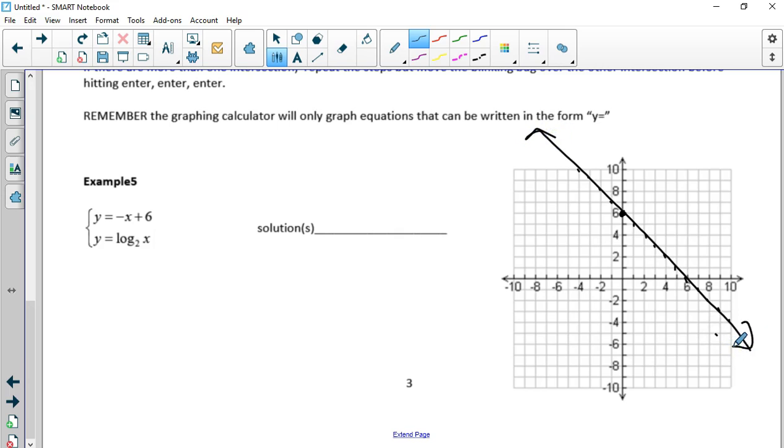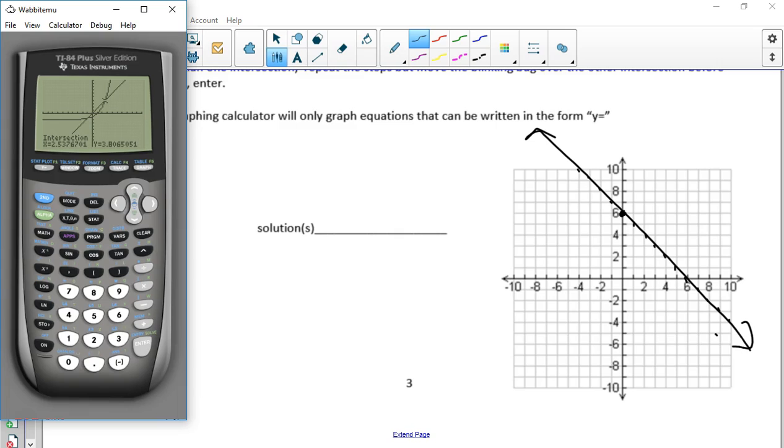Okay? Then log base 2 of x. We're going to use our calculator for that. Clear it out. Going to hit log, go to math, go up to log base, and put in 2, go over and put x. Clear this out.